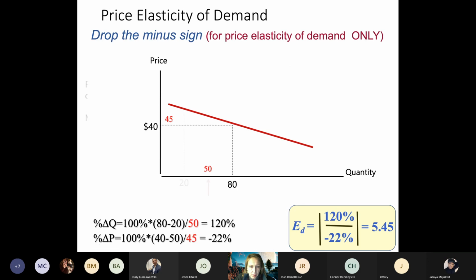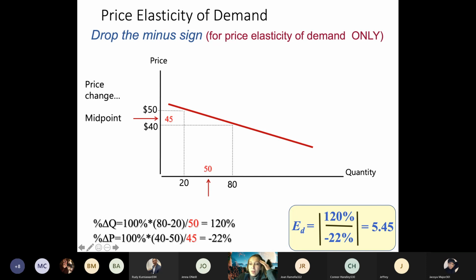So let's look at it. So 50 is the middle of 20 and 80, and 45 is the middle of 40 and 50. And that's why we will be using the middle of the number in the denominator. And as a result, we get something like 5.45 for the elasticity value using the midpoint formula.